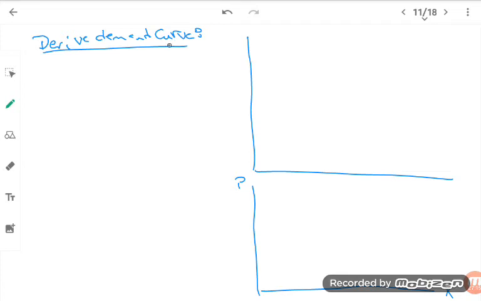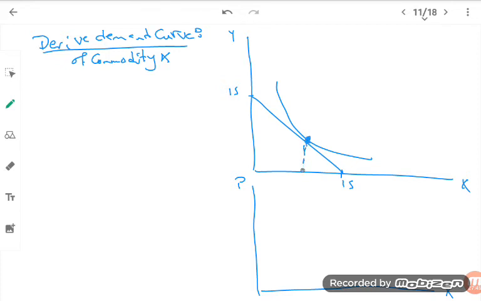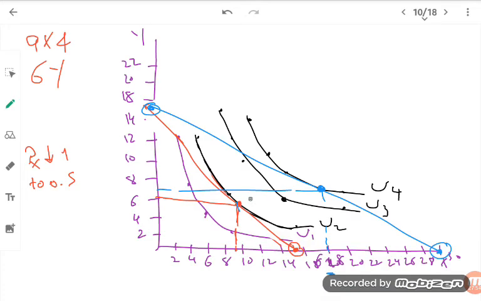We are going to derive the demand curve of commodity X. This is the first combination that we have identified here, which is point A. And then we are going to draw point B.